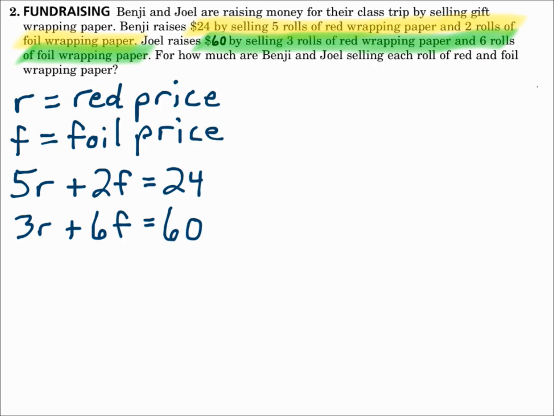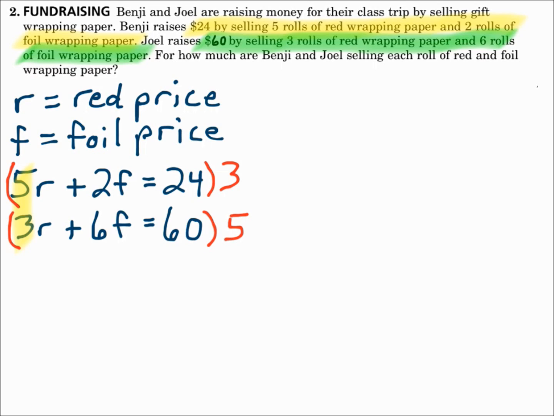Let's eliminate the r's. So we'll multiply the first equation by 3, since the second equation has an r coefficient of 3, and we'll multiply the bottom equation by 5, since the top equation has an r coefficient of 5.